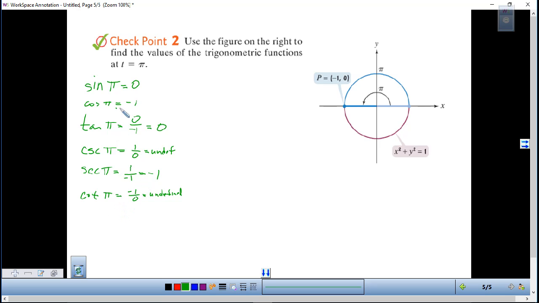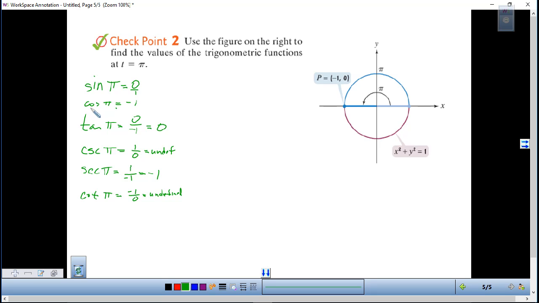Check your work. The sine is your y value, so it's 0. Cosine is your x value, it's -1. And then sine over cosine gives you your tangent, which is 0 over -1, which is 0. Cosecant, the reciprocal of sine. So if we think about that as a fraction, we get 0 over 1, so when we flip it over, we get 1 over 0, which is undefined.